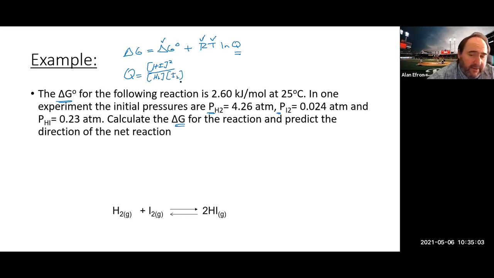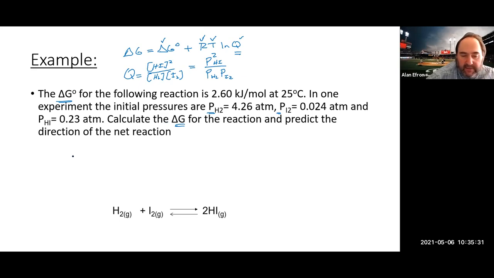In this particular case, though, we're actually dealing with pressures, which means technically it would be the pressure squared of HI divided by the partial pressure of H2 divided by the partial pressure of I2. So remember, just like in equilibrium, you could use concentrations, you could use pressures. Really what we're looking at here is more of a KP type situation, but we are calculating Q. So we really do have that information as well.